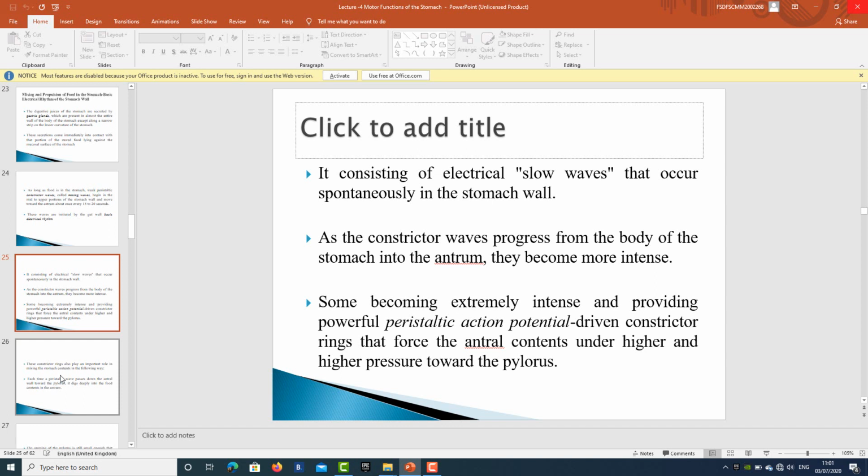Now, as the constrictor waves progress from the body of the stomach into the antrum, they become more intense, some becoming extremely intense and providing powerful peristaltic action potential-driven constrictor rings which force the antral contents under higher and higher pressure towards the pylorus.